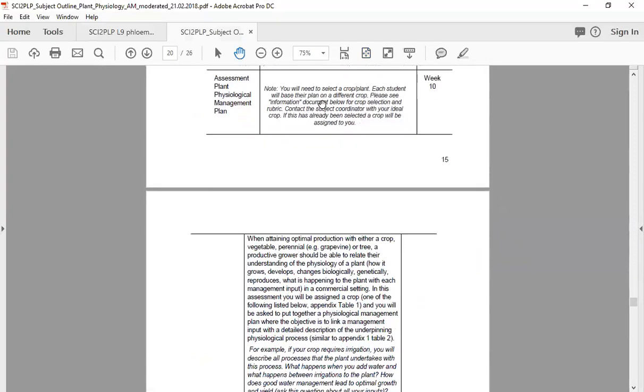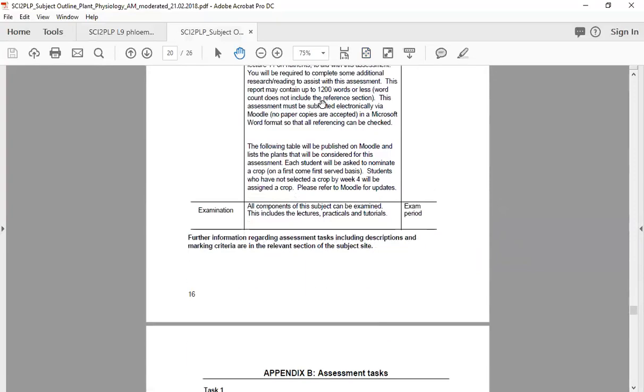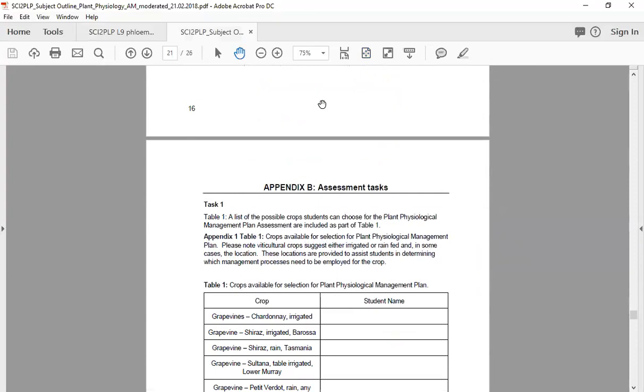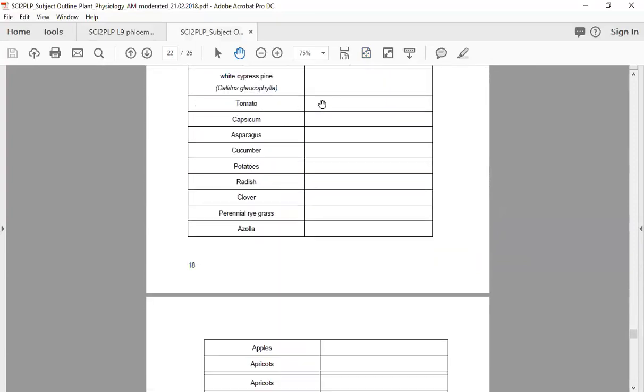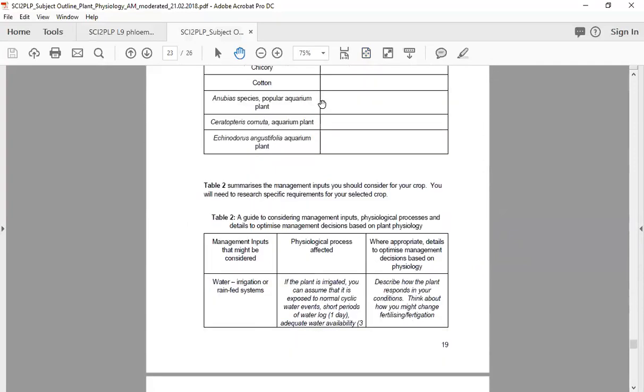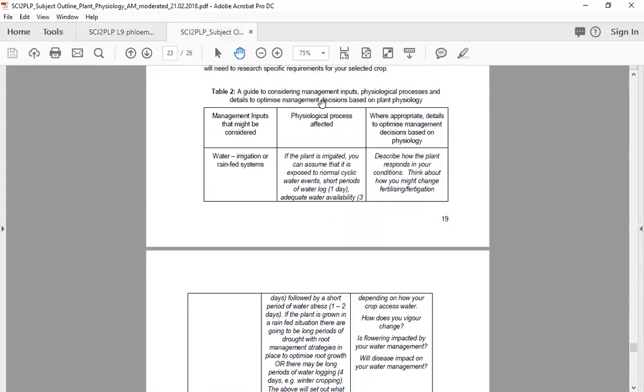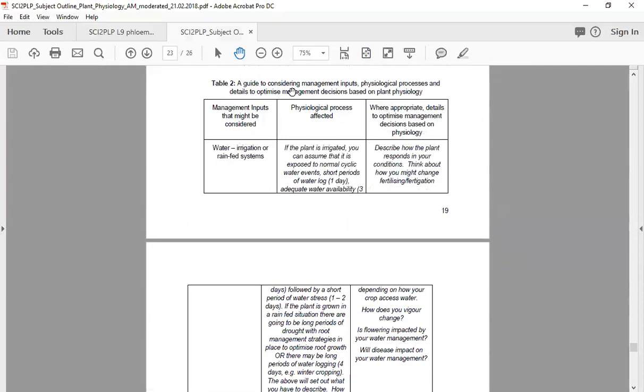So you've got a fair bit of information written here for you. And then even better, go to Appendix B and read Table 2. A guide to considering management inputs, physiological processes and details to optimise your management decisions.